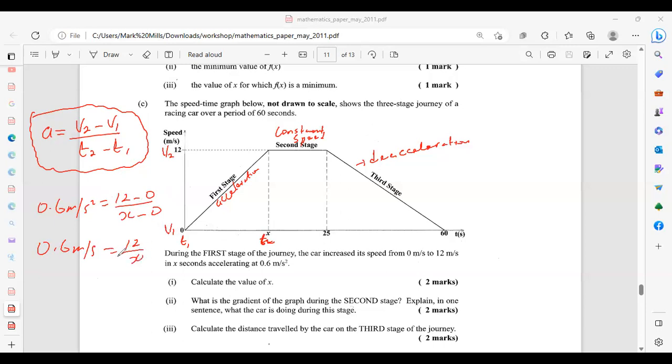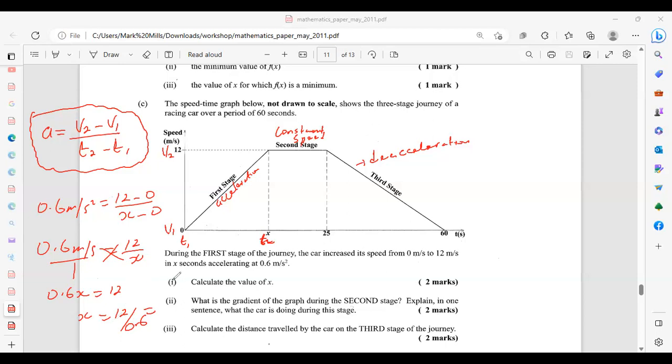And I want to find what x is. So I put this over 1 and cross multiply. So I get 0.6x is equal to 12. So x is equal to 12 divided by 0.6. Now let's work it out. What is 12 divided by 0.6? 20.